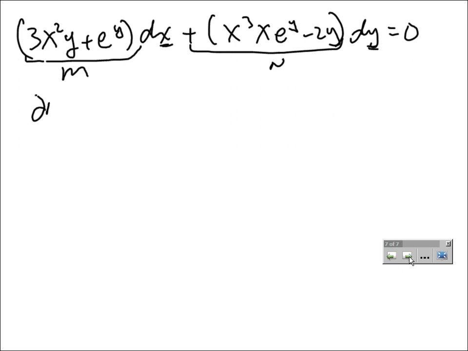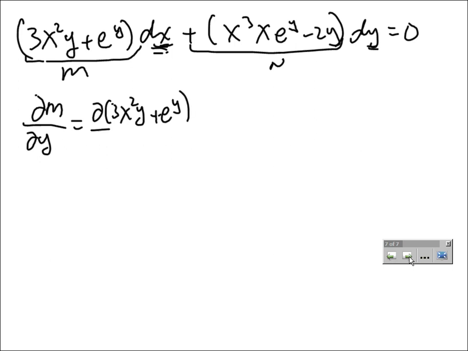The partial of m with respect to not x, but the other letter, that is the partial of 3x squared y plus e to the y, partial y. Well, the derivative of 3x squared y: 3x squared is a constant. And a constant times y, its derivative is just a constant.